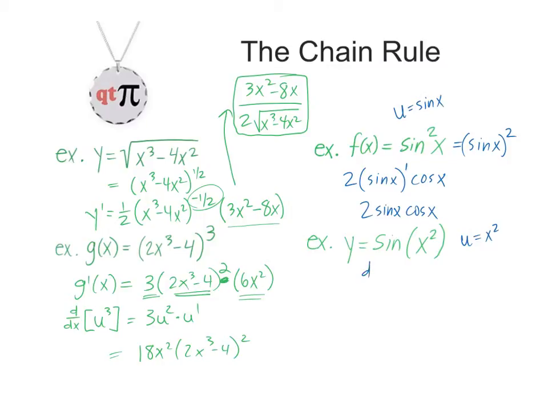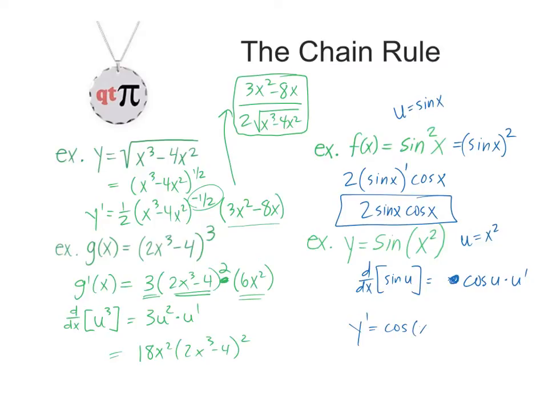The derivative of sine u is cosine u times u prime. Okay, so the derivative of sine of x squared is cosine x squared times 2x, or 2x cosine x squared.